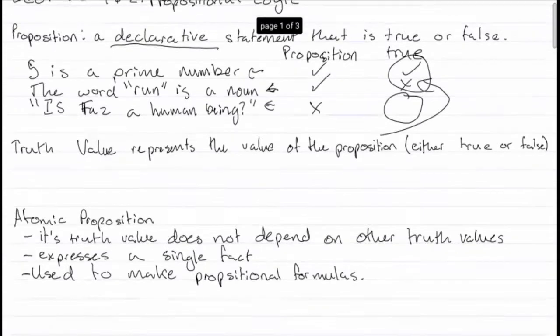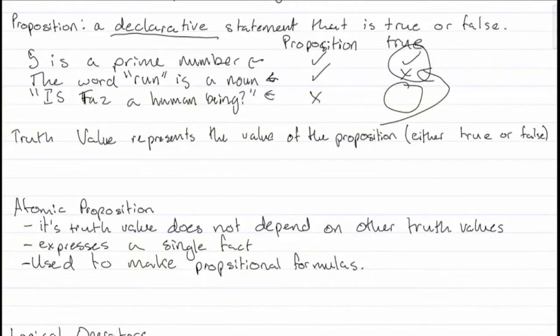Now, an atomic proposition is a proposition where its truth value does not depend on other propositions' truth values. So it's a single statement by itself that declares a fact. And with these atomic propositions, we can actually make different formulas.